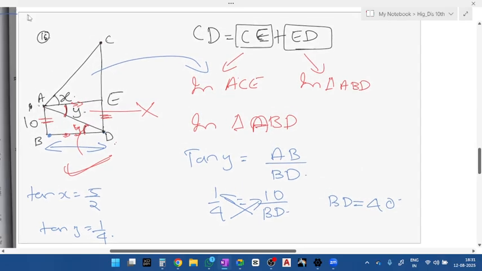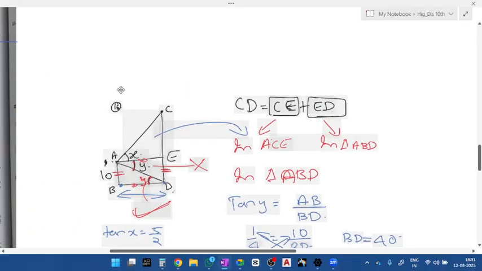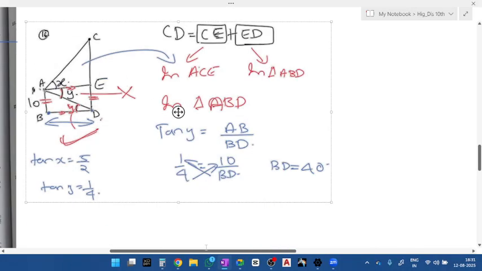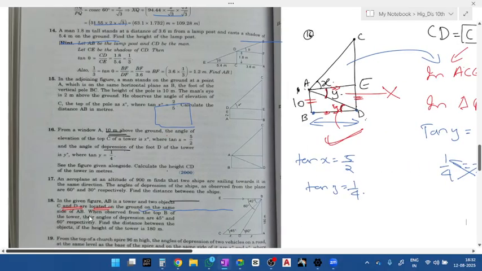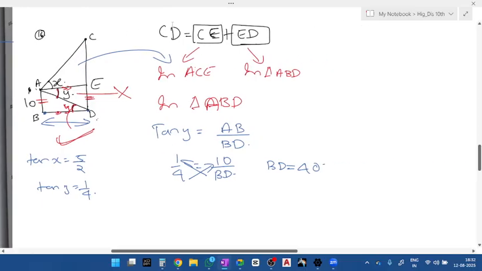Okay. Where did we start, students? From where did we start solving this? What was the initial concept? They told us to find the height of CD. So first, if you just write CD, you'll understand: CD is equal to CE plus ED.